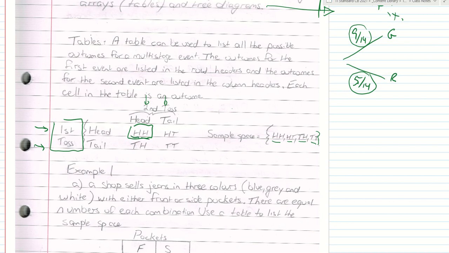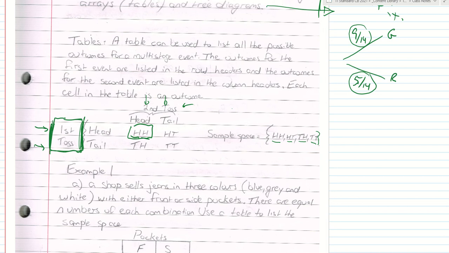If you put them the other way around, if you put your first one up here, then when you list it, you're going to have to put the column before the row to list them in order. And that is not the way that we normally read tables, spreadsheets, etc. So I very, very strongly recommend that when you put them in, you put the first one in the rows and then put the second one in the columns.